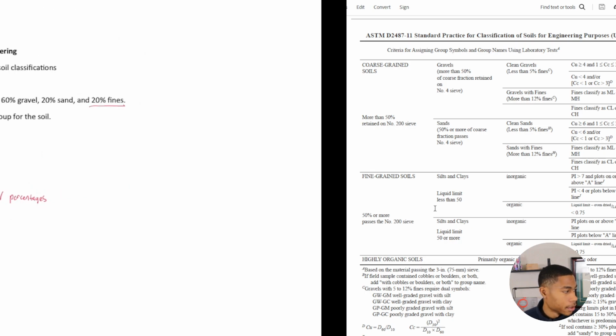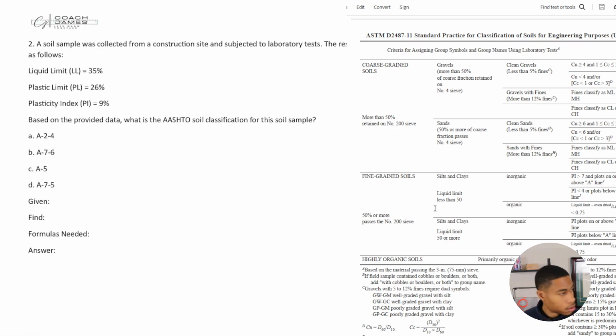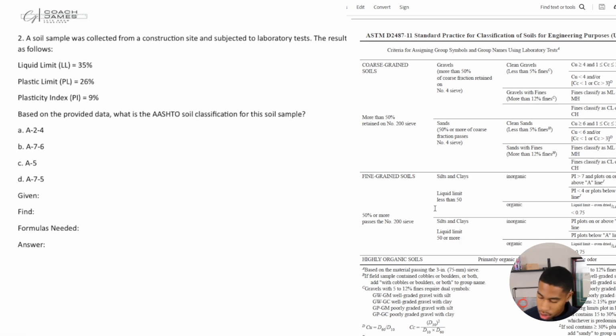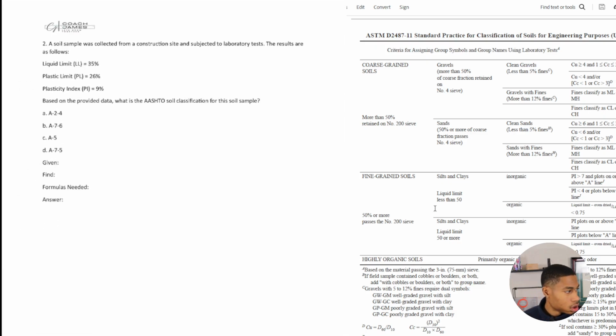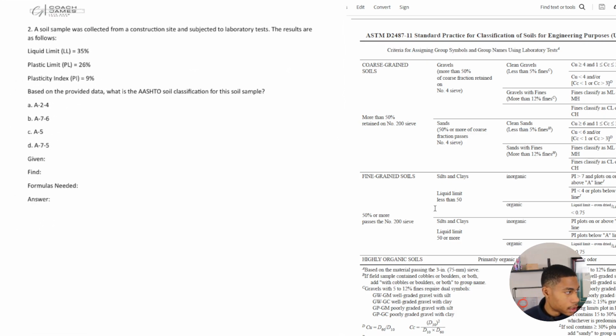All right, let's look at number 2. It says a soil sample was collected from a construction site and subjected to laboratory tests. The results are as follows.